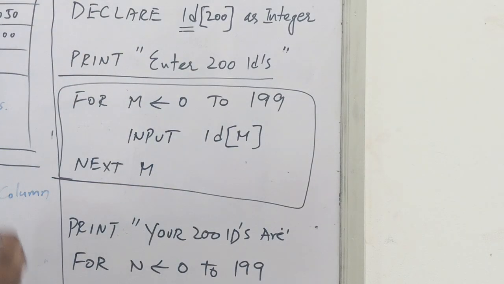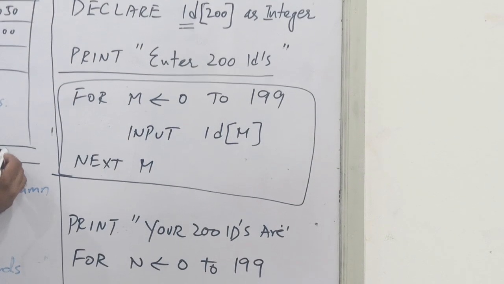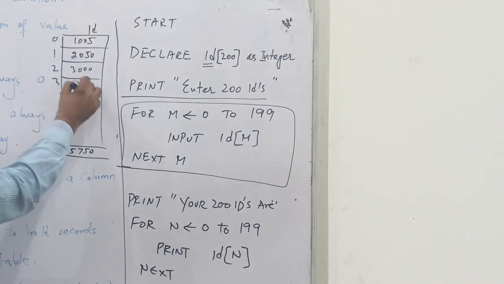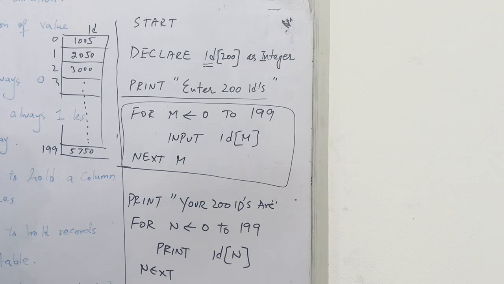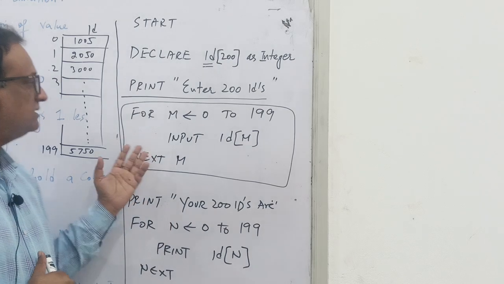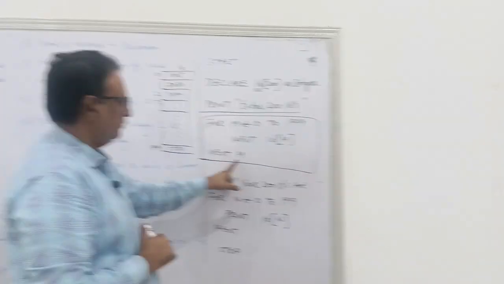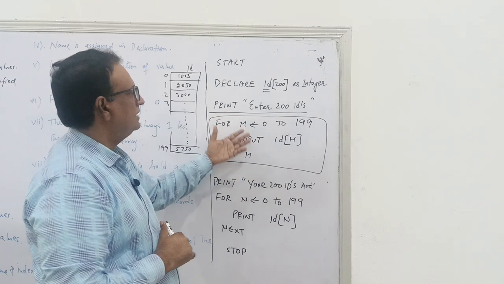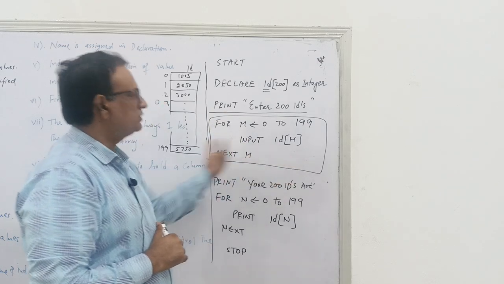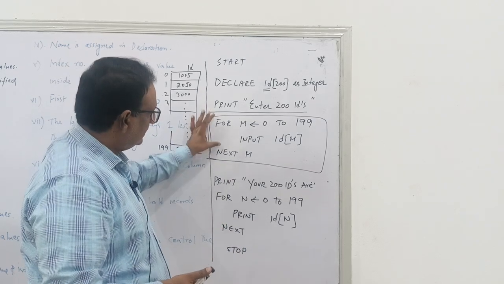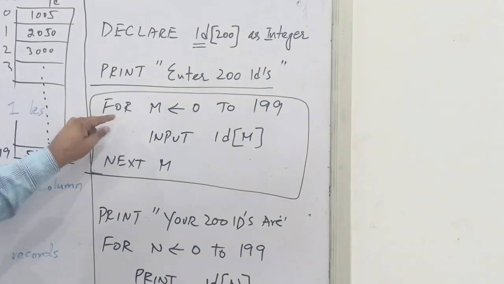For 199, if you enter 5750, it will be stored in its last cell, and in between all the values will be saved. This is all the working of the processor, but for you, this arrays technique has helped you use only 3 lines of code, and that will result in 200 inputs collected in one go. This is the perfect benefit of using arrays.